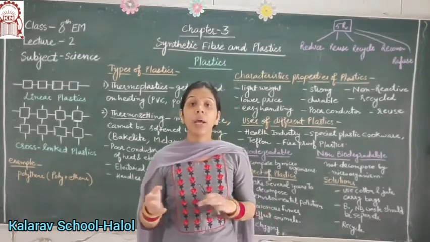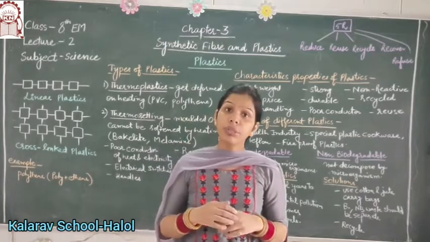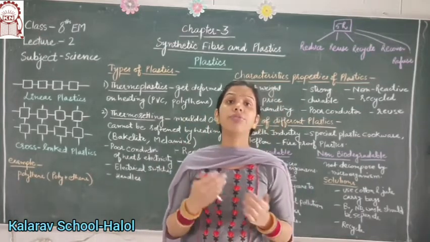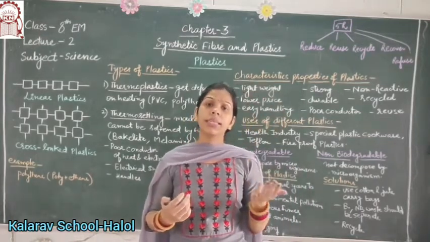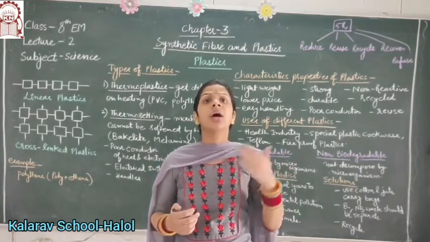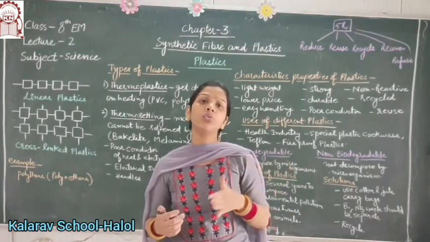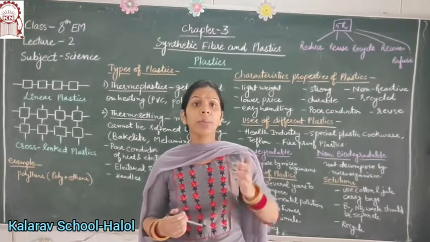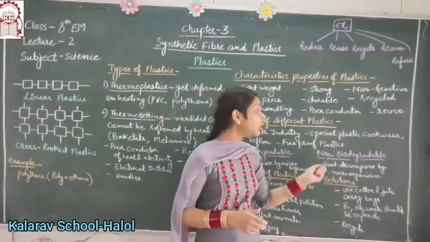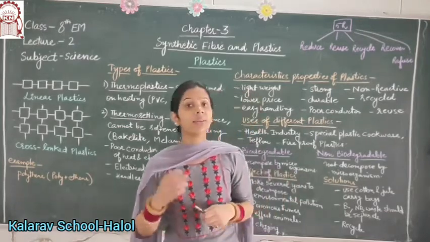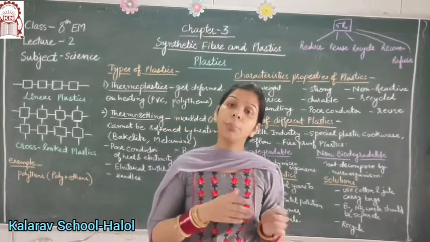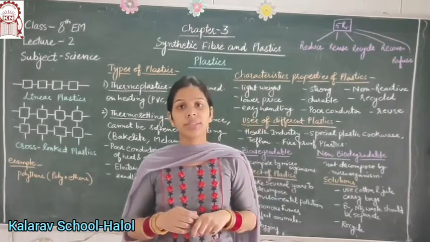For example, peel of vegetables and fruits, cotton clothes, wool. These types of waste take maximum 10 to 15 years to decompose. But on the other hand, the non-biodegradable wastes are the wastes which cannot be decomposed by microorganisms.